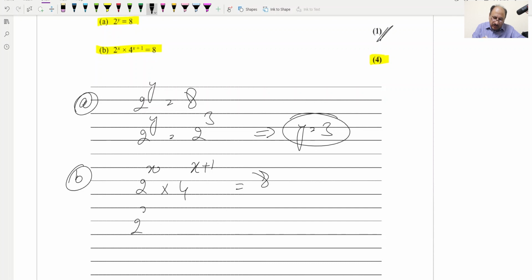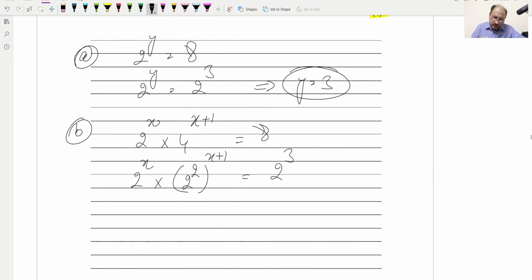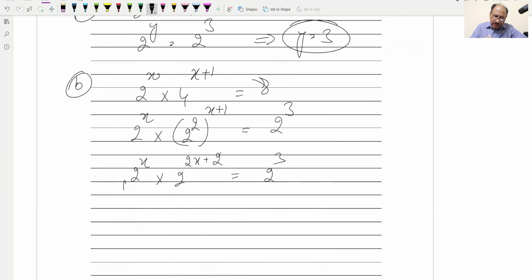So we can rewrite it as 2 raised to the power x into 2 squared whole raised to the power x plus 1, and this side we can write 2 raised to the power 3. Bases are same, so powers can be added in this case. So we can write 2 raised to the power x plus 2x plus 2 is equal to 2 raised to the power 3.